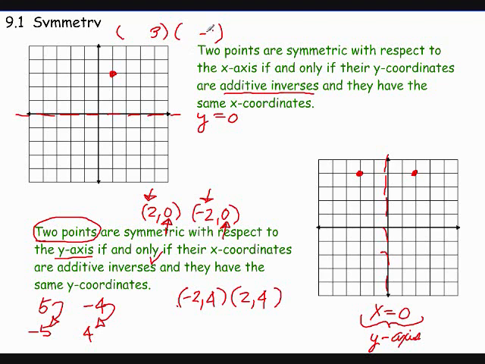It has to be the additive inverse of that, a -3. Now I already know that the x-coordinates have to be exactly the same, so you notice I already rigged that, and in this case I made the x-coordinates 1. So yes, these 2 points are symmetric with respect to the x-axis because their y-coordinates are additive inverses and their x-coordinates are identical.